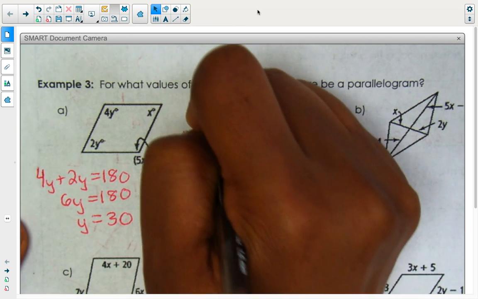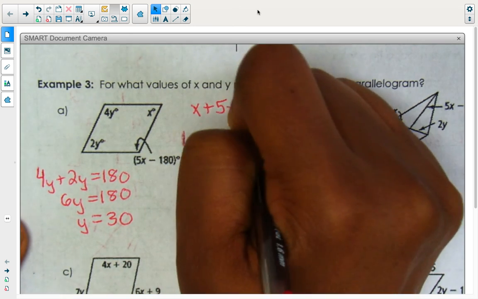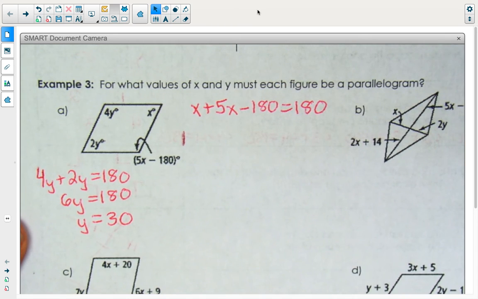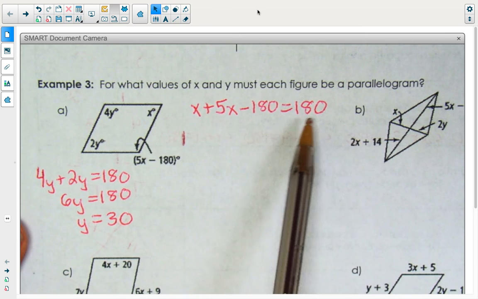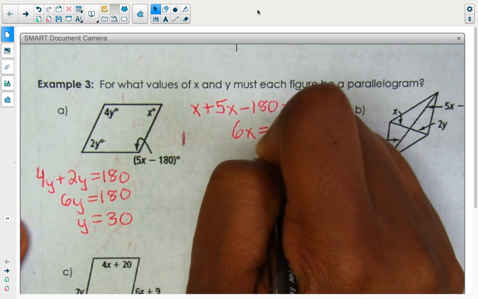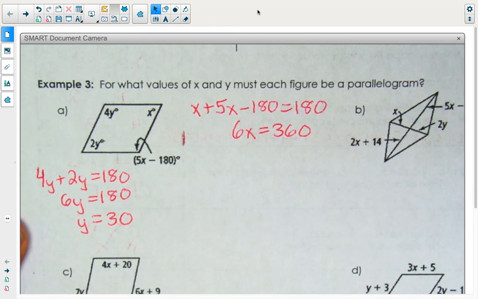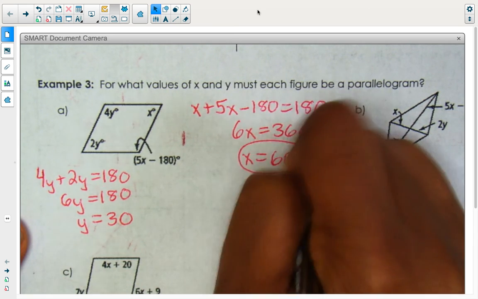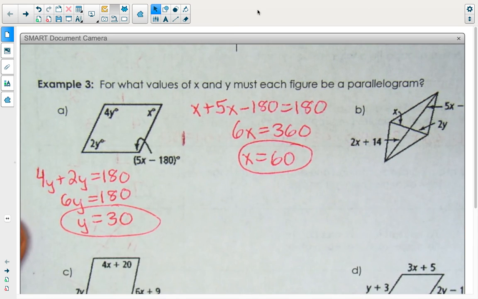So x plus 5x minus 180 is equal to 180. So I'm just setting up an equation. I know that x and 5x minus 180 are supplementary. So we're going to solve the equation. Add 180 to both sides, and 360 divided by 6 is 60. So we've just found what x and y are.